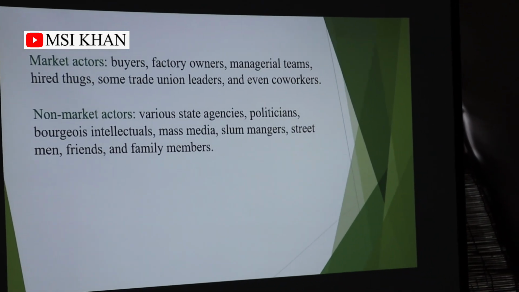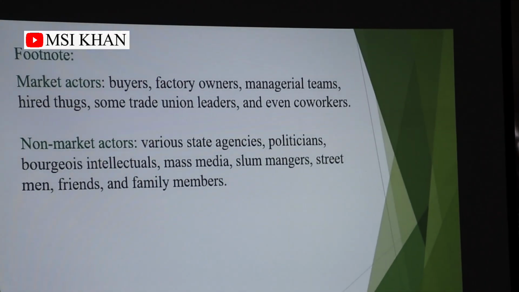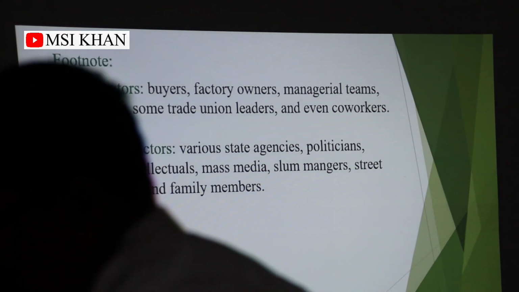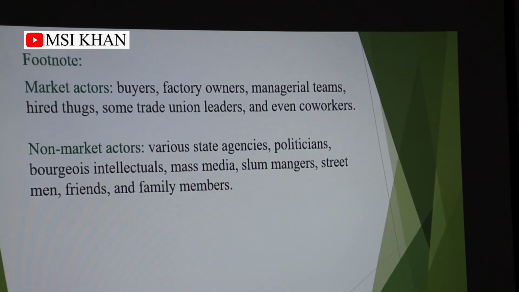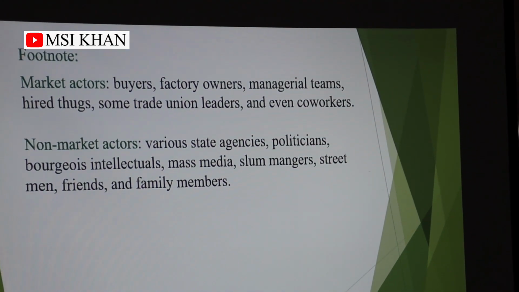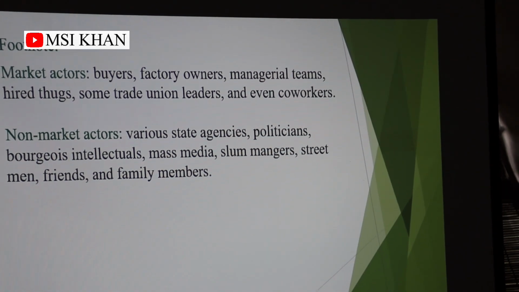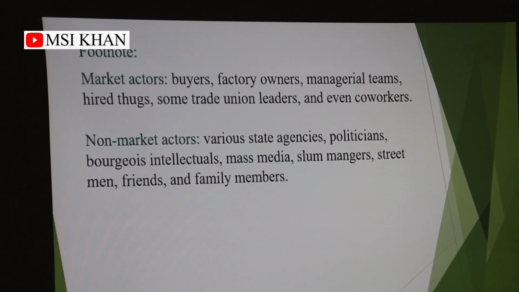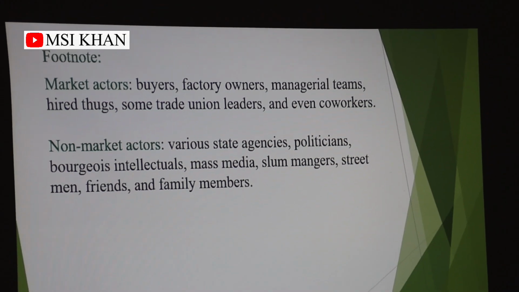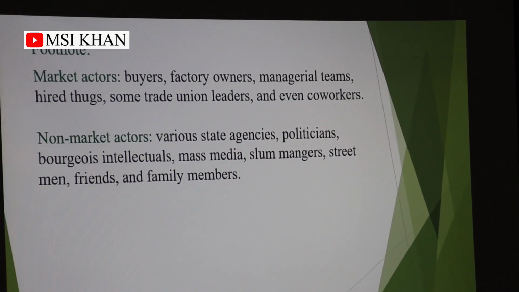So how to control these workers? Through union leaders, even co-workers, and non-market actors: various state agencies, politicians, bourgeois intellectuals, mass media, slum managers, street men, friends and family members. These family members are part of controlling workers too. So I extended the argument from the factory to the family.